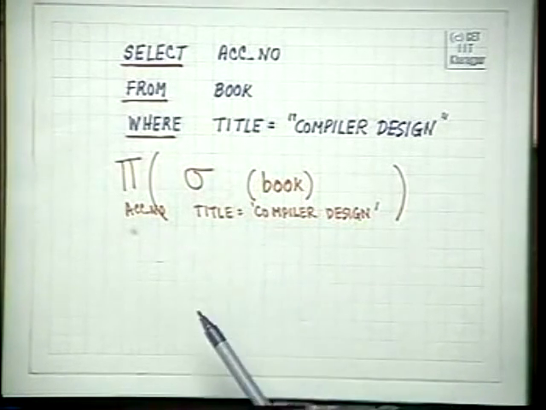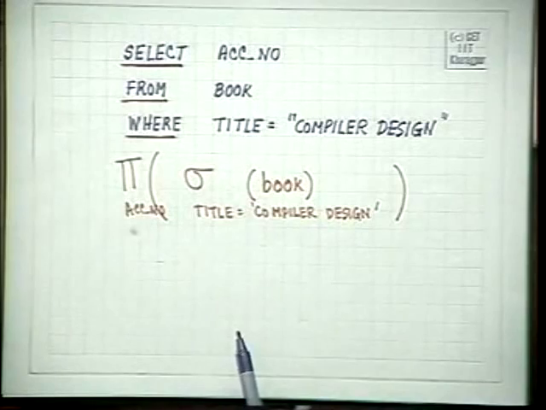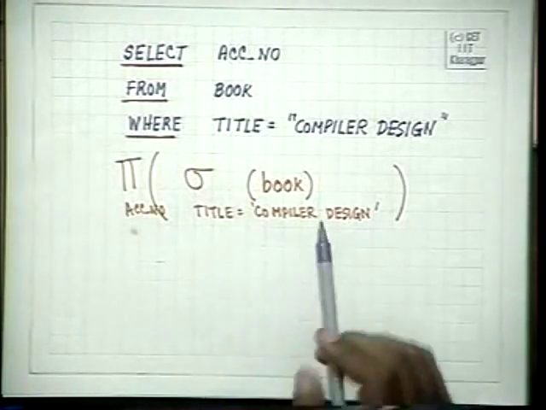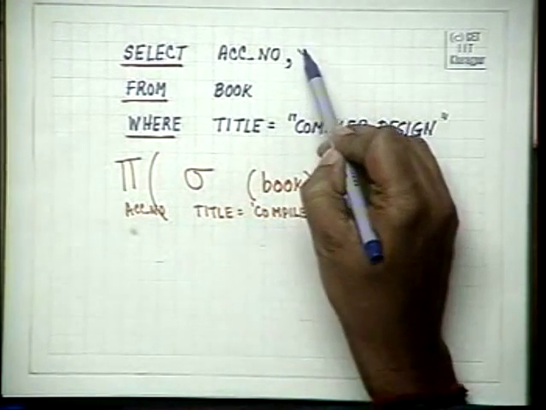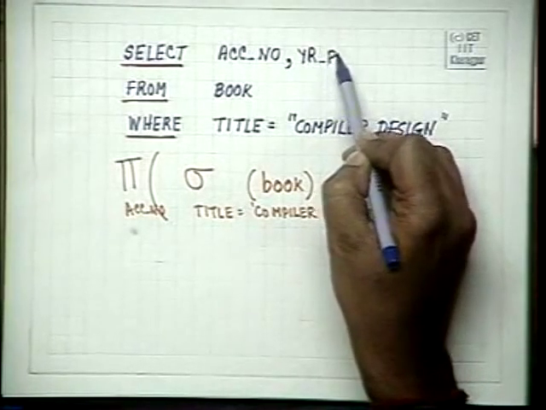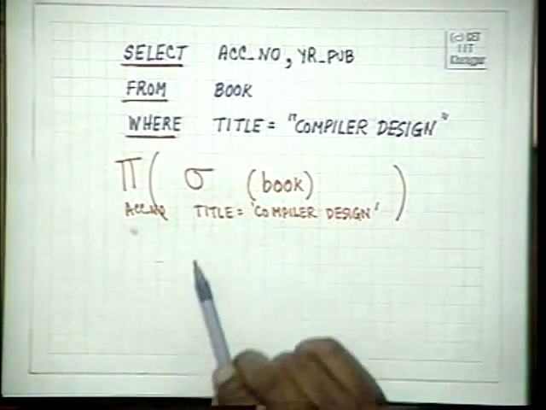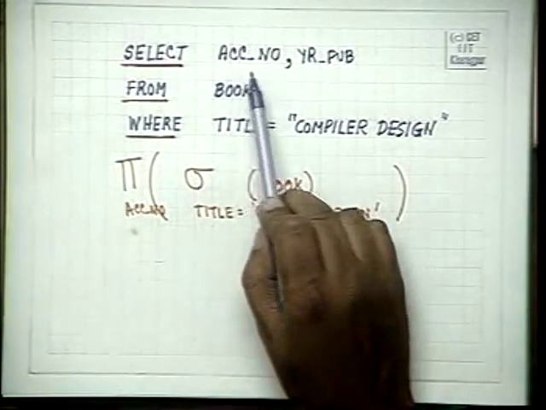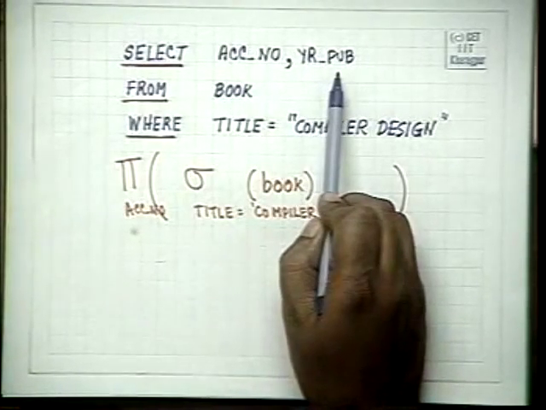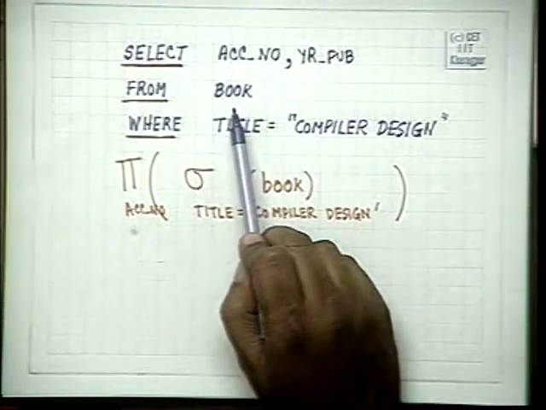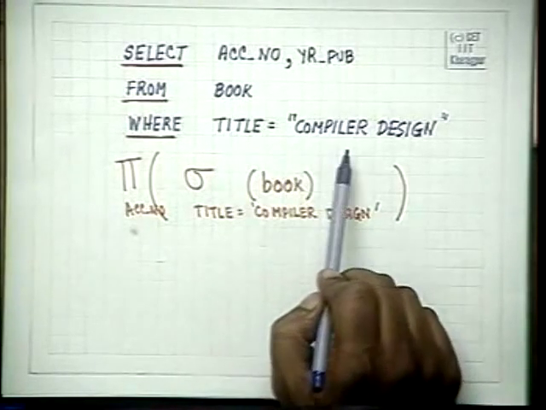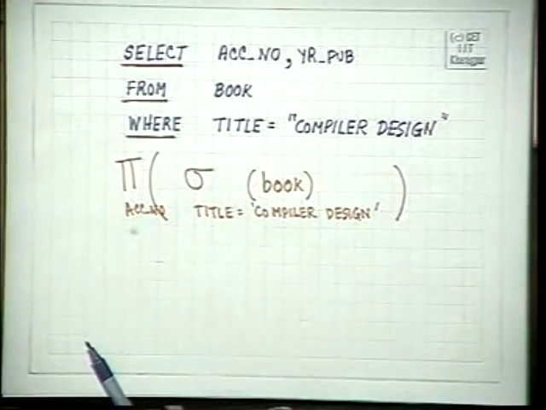Now suppose we want to have both accession number as well as year of publication, then we will give this. So this will give me the accession number and year of publication of the book whose title is equal to compiler design.